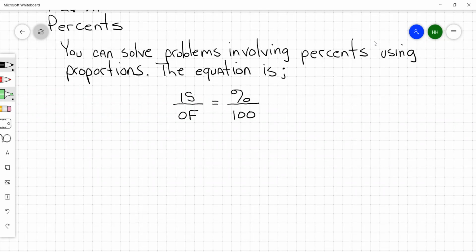The first group of problems will say something like, what percent of 50 is 20?